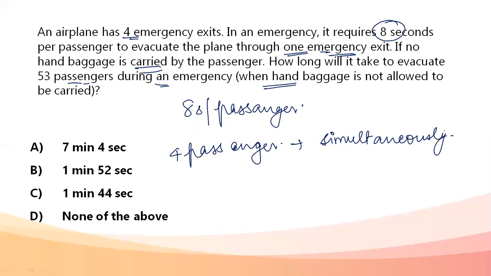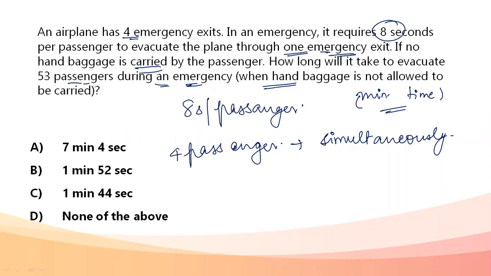We need how long it will take to evacuate 53 passengers. I do not need the maximum time, I need the minimum time in which these people can empty out the plane, and the minimum time will be there when people simultaneously go out from all four emergency exits.